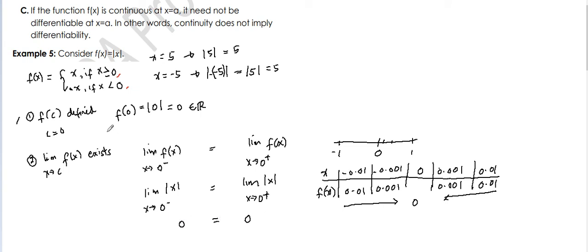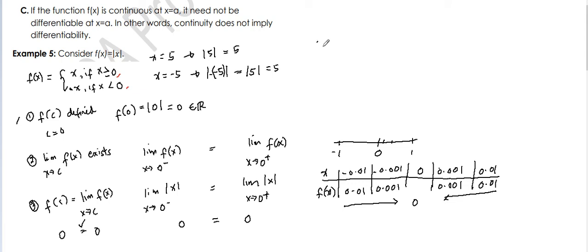So, that means nasatisfy yung ating pangatlong condition that f of c is equal to the limit of the function as x approaches c. Okay, kasi ang f of c natin dito ay 0. Dito naman sa limit ay 0 din. So, correct.